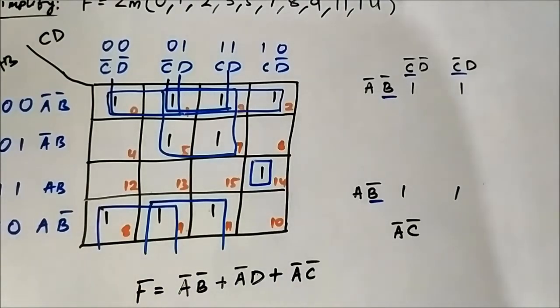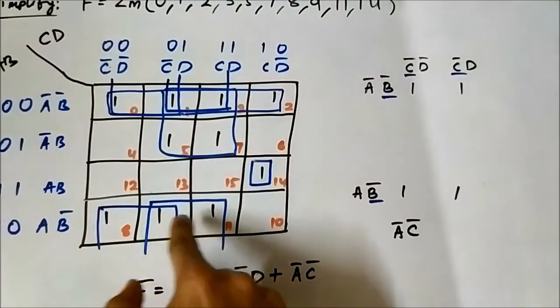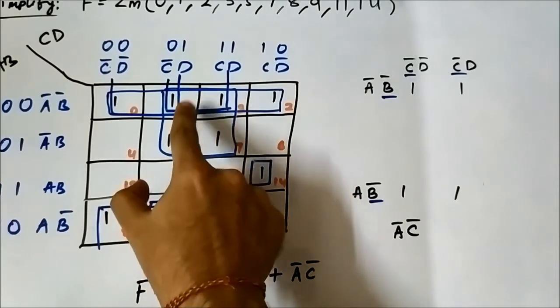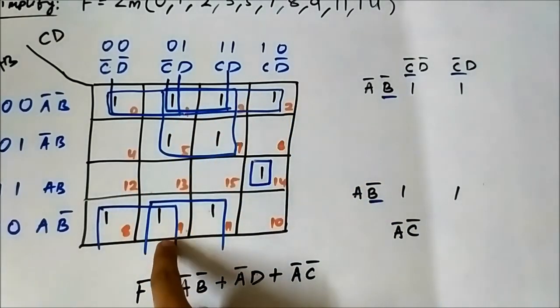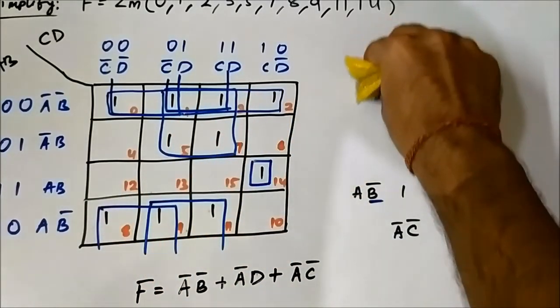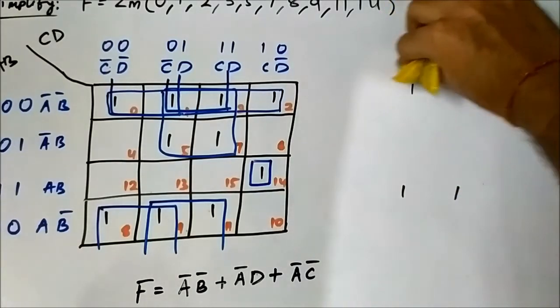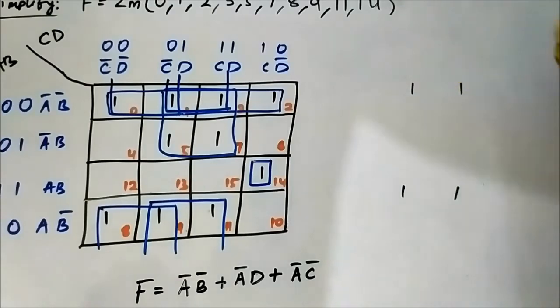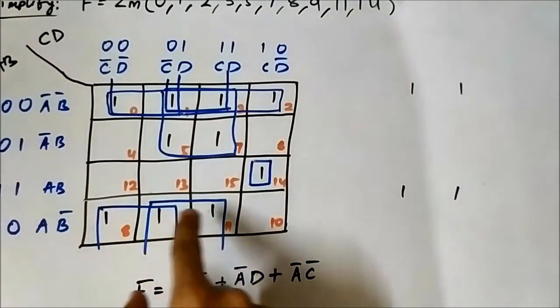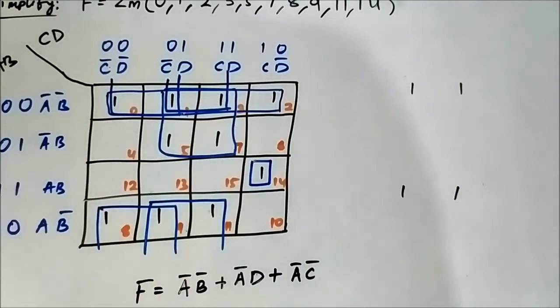Next we have again this quad involving cells 1, 3, 9 and 11. Let us just erase the horizontal and vertical components because it is the same thing. So these four cells 1, 3, 9 and 11, let us write the horizontal and vertical components.